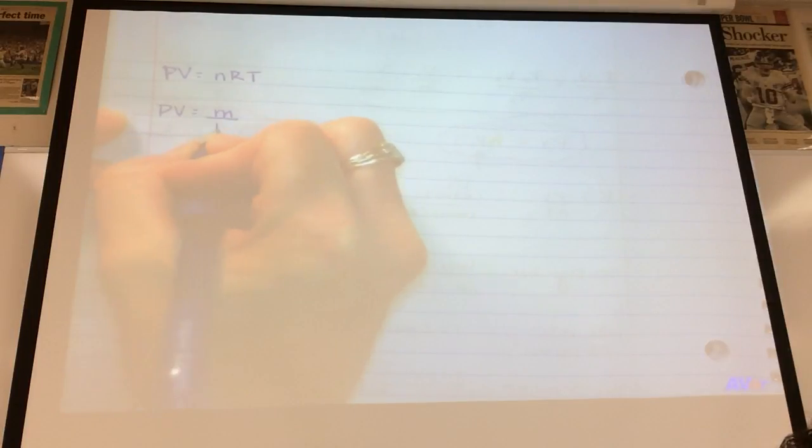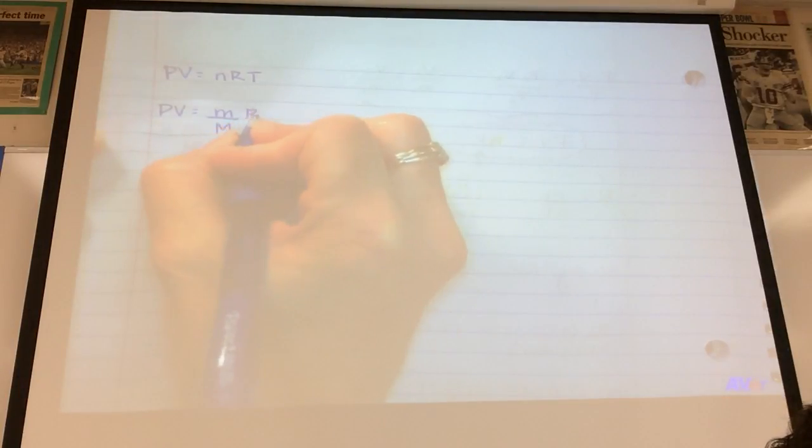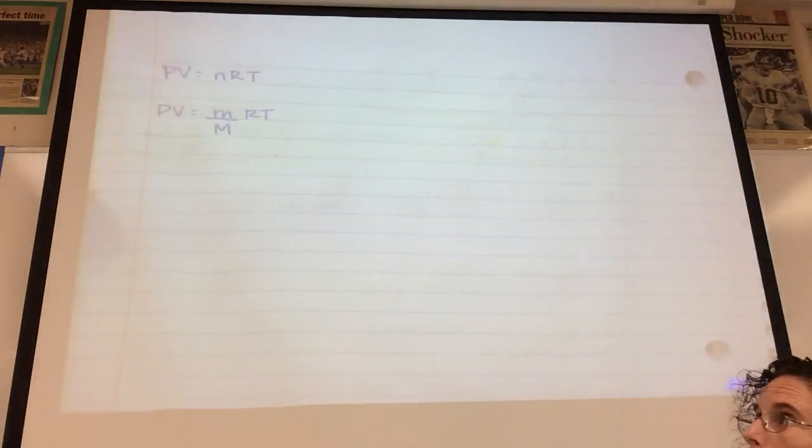We have PV is equal to little m, that's the mass in grams, over big M, molar mass off the periodic table, or molecular mass if you have a covalent compound, RT. What is density equal to? Mass over volume.